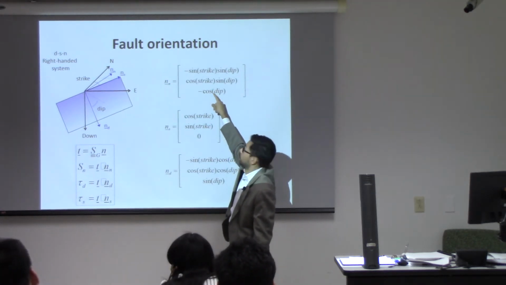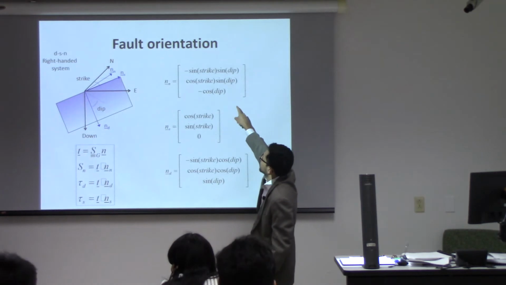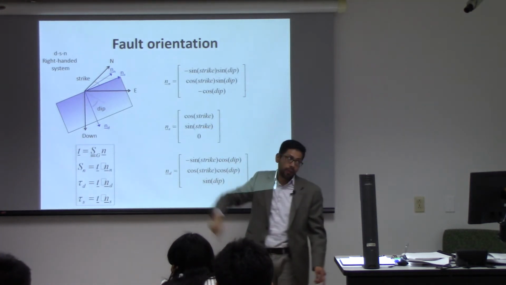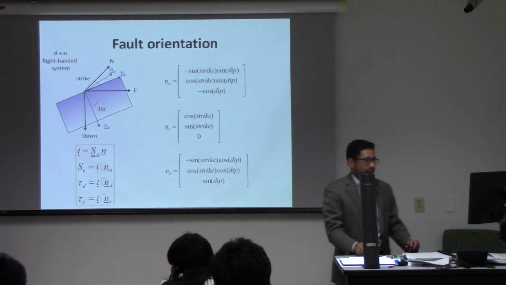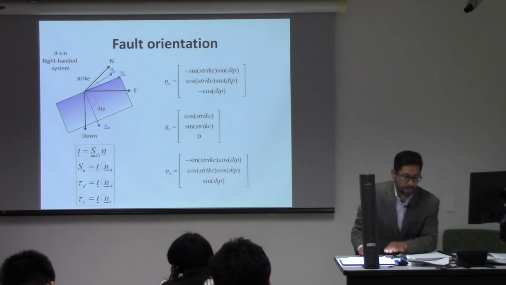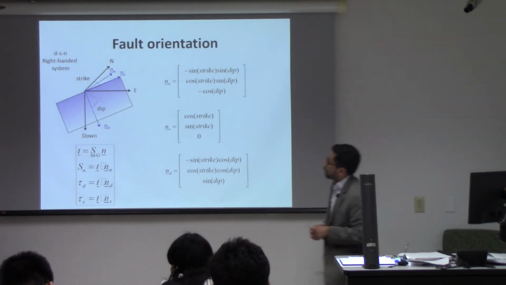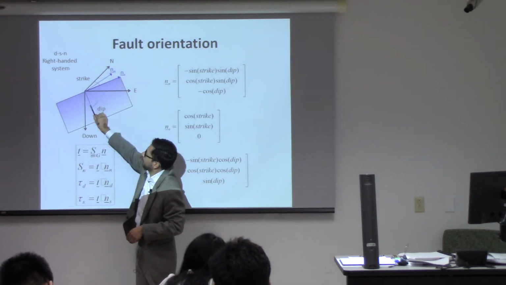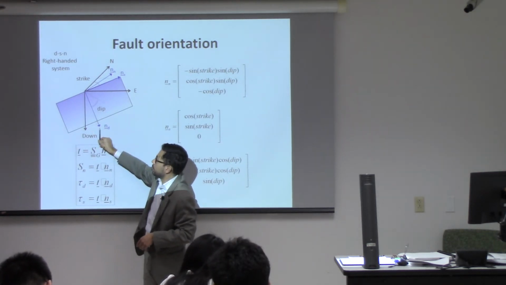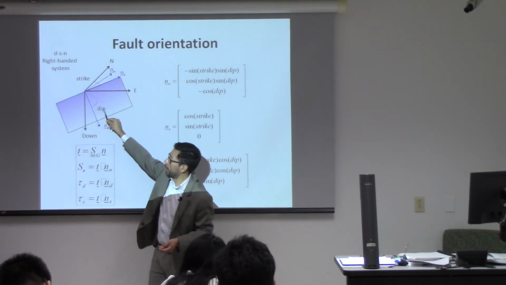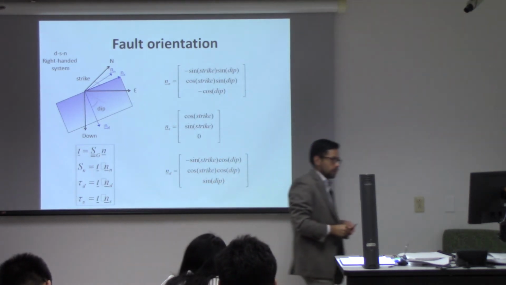So again, sines and cosines, where the strike is the angle between the north and the strike of the plane, and the dip is going to be the angle between a horizontal plane and, you could say, ND, or the plane itself, on the direction of the maximum slope, of course.